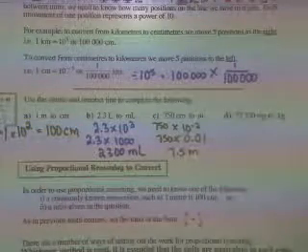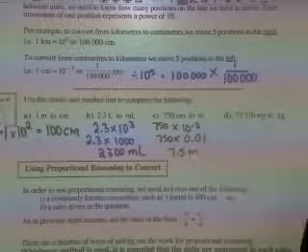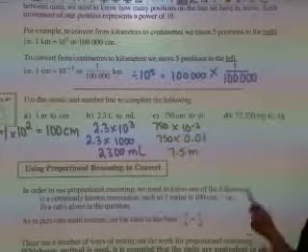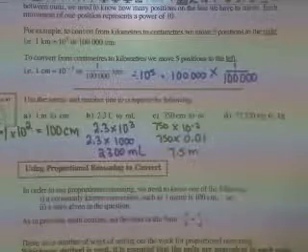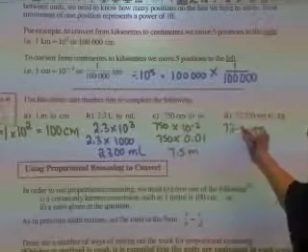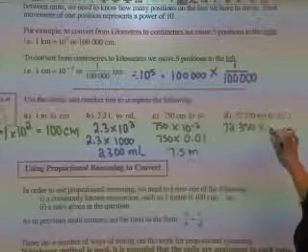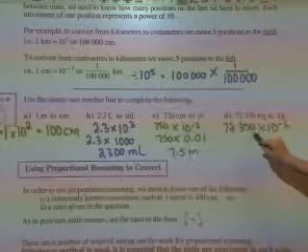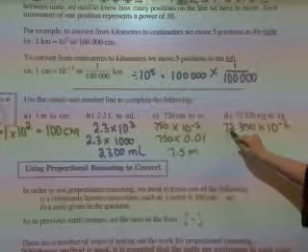So if I look at the last one, going from milligrams to kilograms, how many jumps do I have to make along the number line? 6. 6. So it'd be 72,350 times 10 to the -6. This -6 is going to tell me to move my decimal place over 6 times.